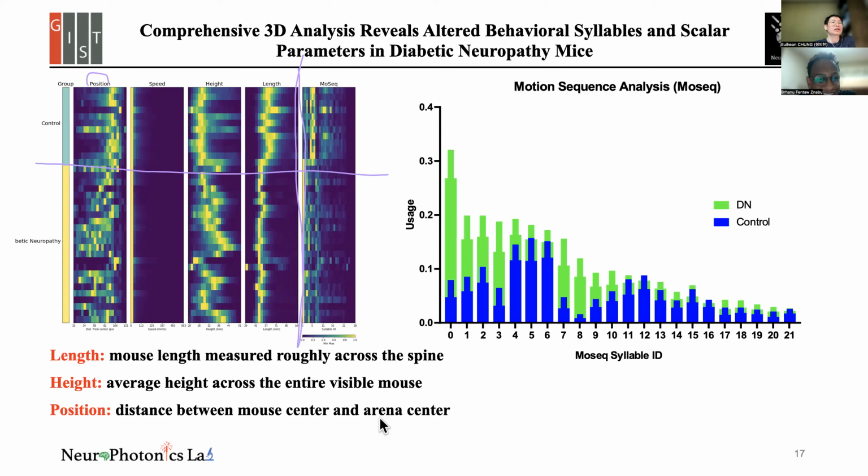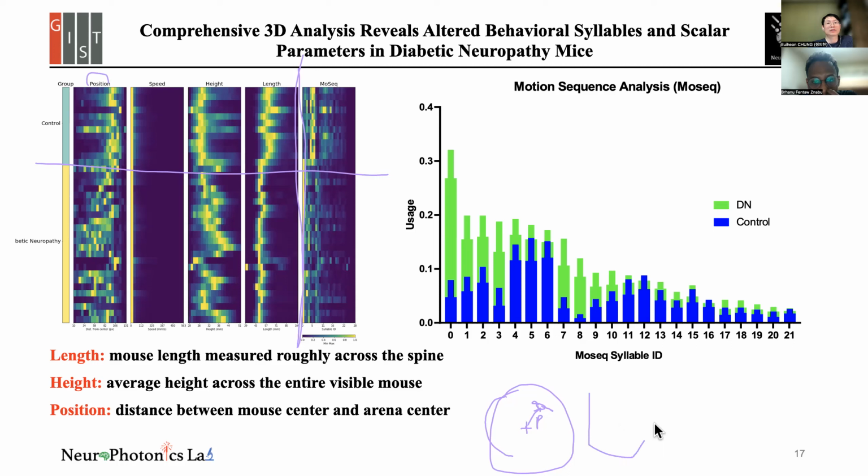Distance between mouse center and arena center. So instead of this, please make a diagram that explains that position, let's say, center. Otherwise, it's not easy to understand. Average height across the entire visible mouse.